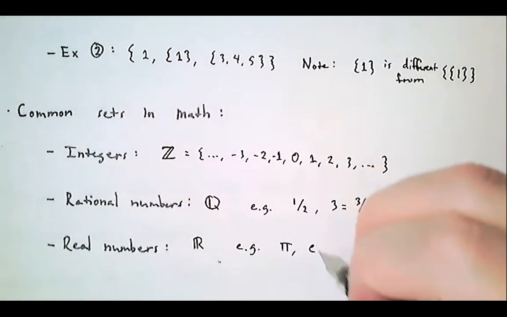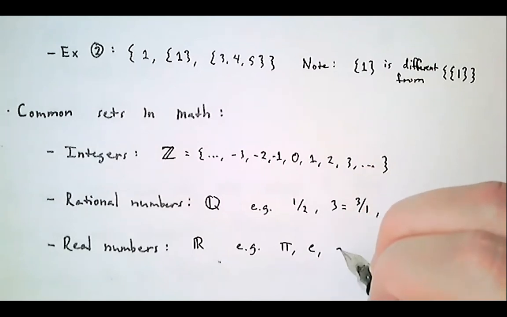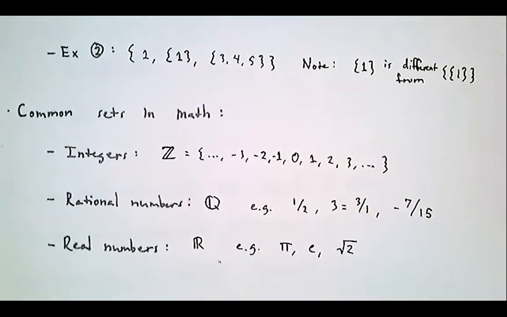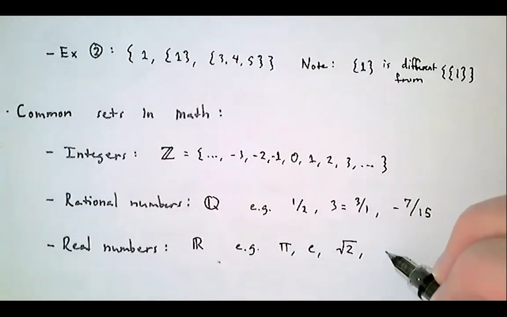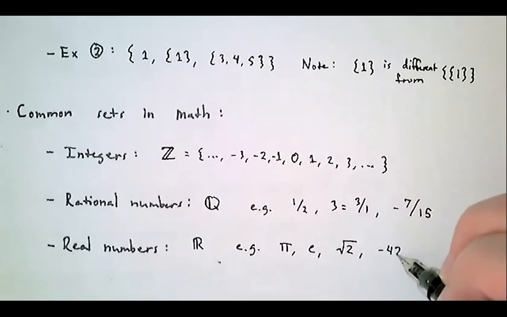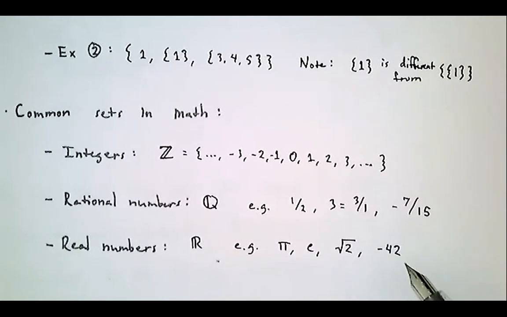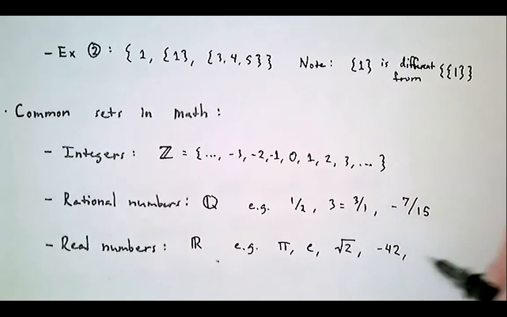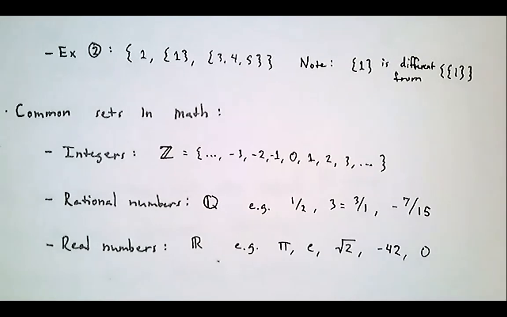That's a real number. You also have things like the square root of 2 and -42. -42 is a perfectly good real number. 0. And I'm sure you can think of lots more numbers because as long as your number doesn't have an imaginary i in it, it's going to be a real number.